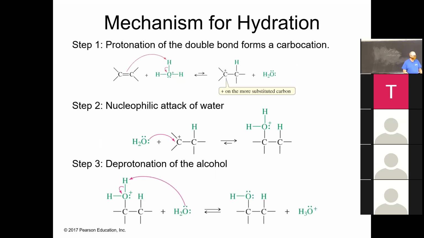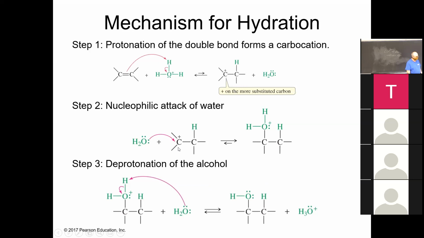Okay, so in acid solution, strong acid will form hydronium ion, and the water is not acidic enough, but hydronium ion can protonate the alkene, and H will go to the side that's richer in hydrogen, and the other side gets a plus charge.